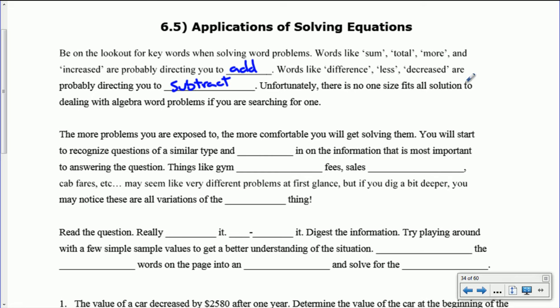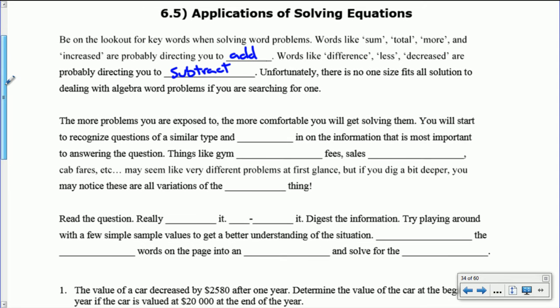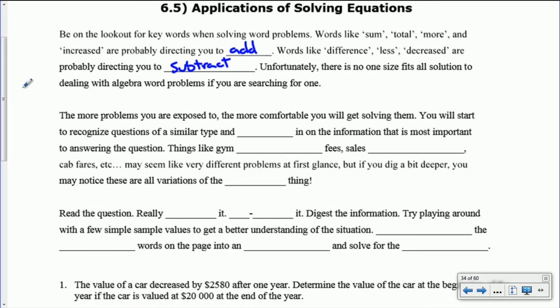Unfortunately, there is not really a one-size-fits-all solution to dealing with algebra word problems if you are searching for one. But the more problems you're exposed to, the more comfortable you will get solving them. So you will start to recognize questions of a similar type and be able to focus in on information that is most important to answering the question.